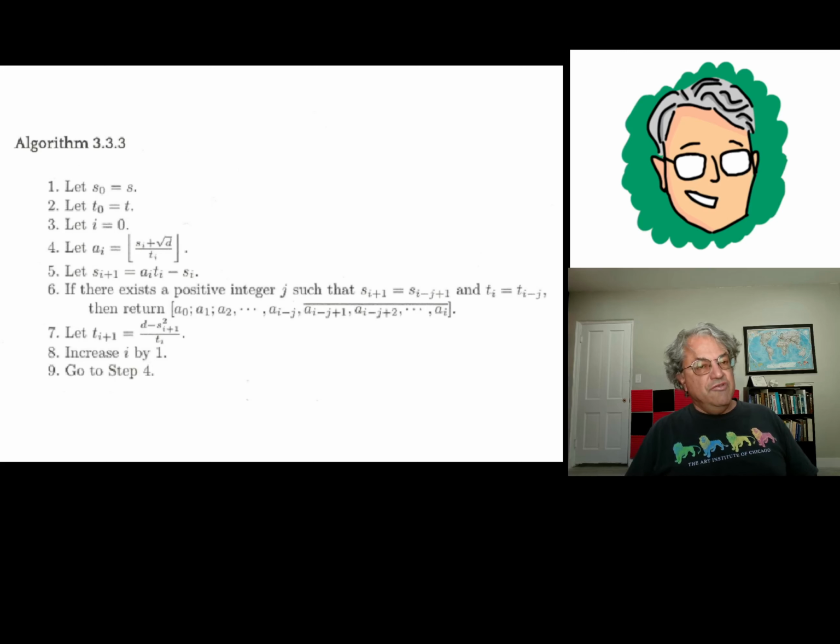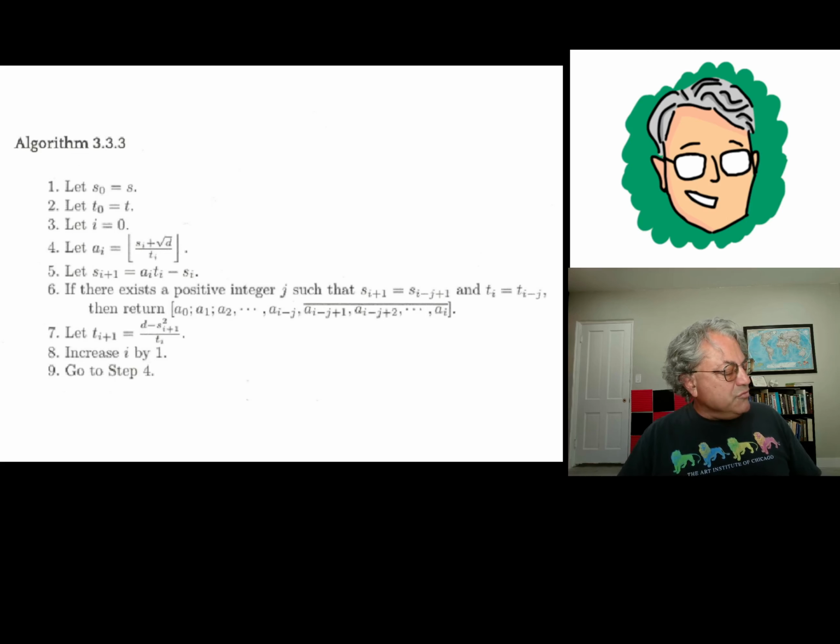But we're going to keep computing floors later on. Now we apply a recursive formula: s sub i plus 1 equals a sub i t sub i minus s sub i. This looks a little bit funny, but it works, trust me. You can prove this algorithm works. I don't do it here.